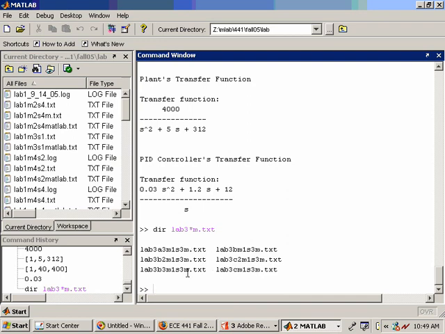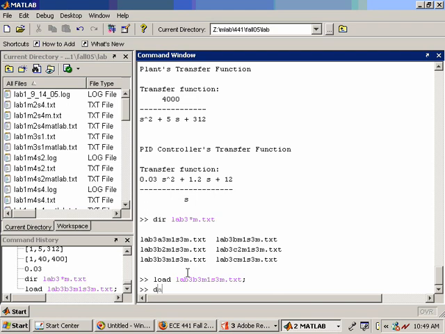Suppose we want to load in the B part, which is the phase lead controller. We would then load in Lab 3B, and let's just say that was the 3rd time I executed it. It's now been reformatted to allow it to be read into MATLAB. I'll rename that to be consistent with the program PLT3 that's going to work with the variable name data.